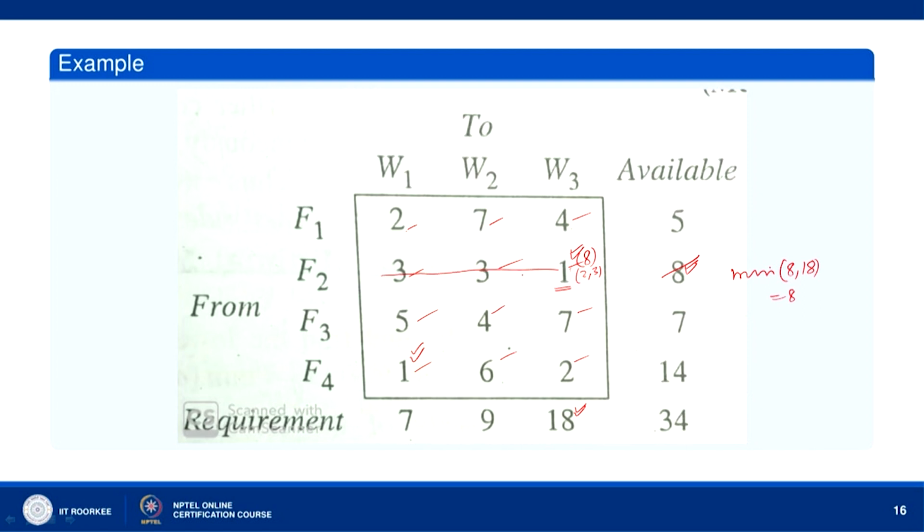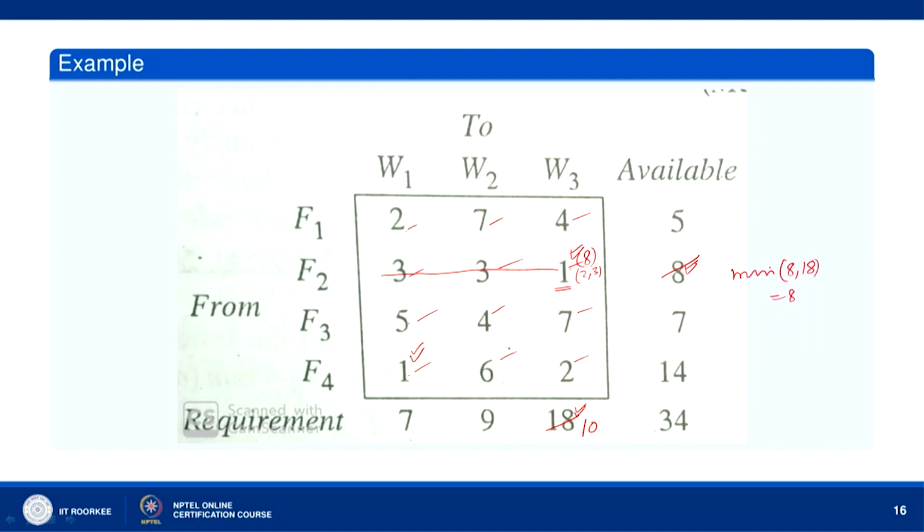Now the remaining table is 2, 7, 4, 5, 4, 7, 1, 6, 2. Since 8 units have already been allocated to W3, its requirement becomes 10 now. We again find the cell with the least cost.